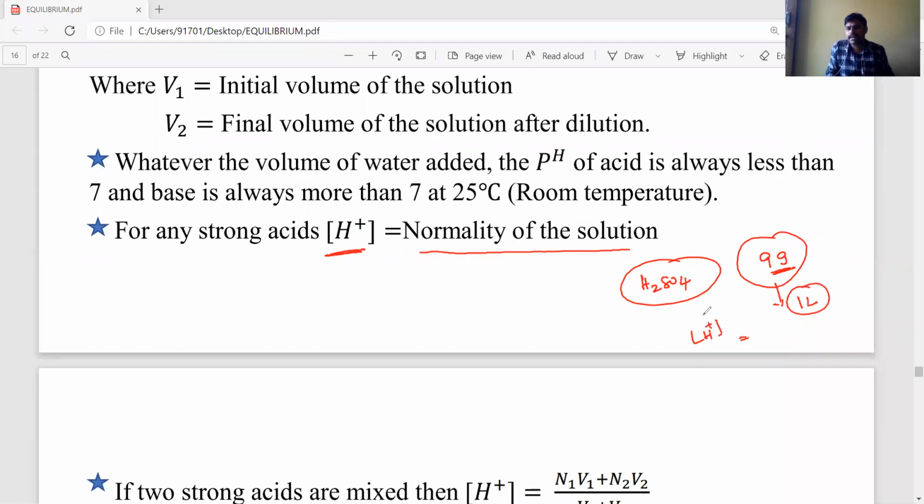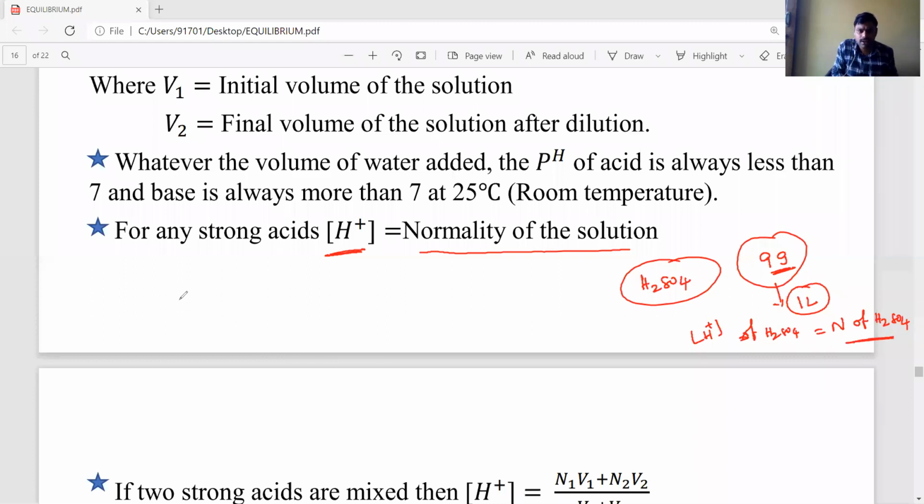Then the H plus ions concentration of H2SO4 is equal to the normality of H2SO4, and pH is minus log of H plus ions concentration. Normality of H2SO4 we need to calculate.